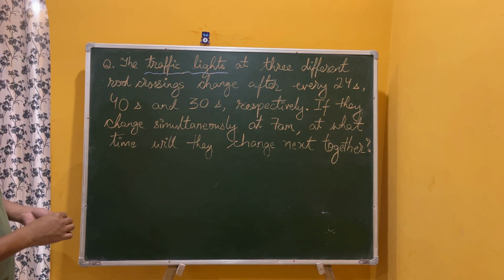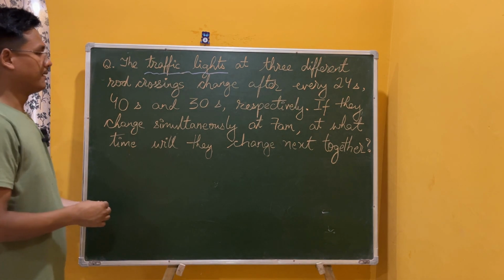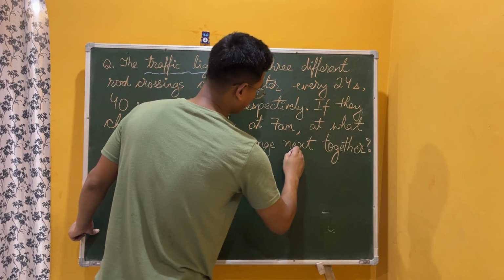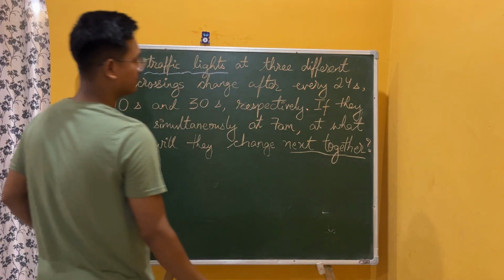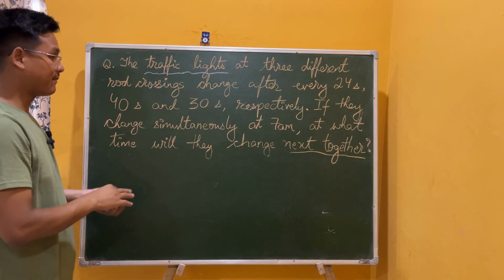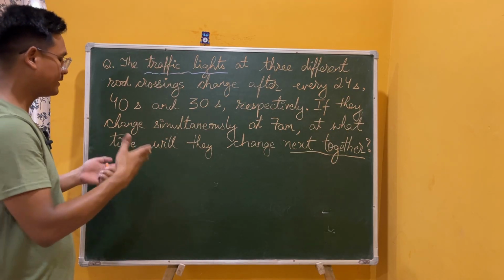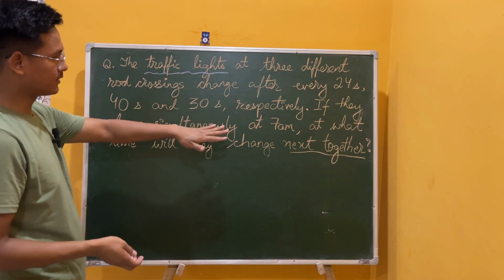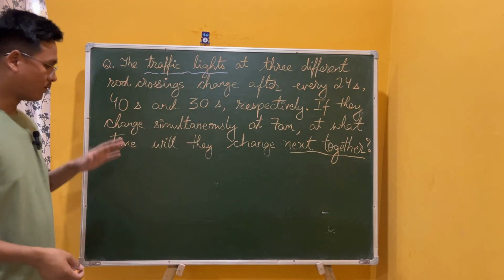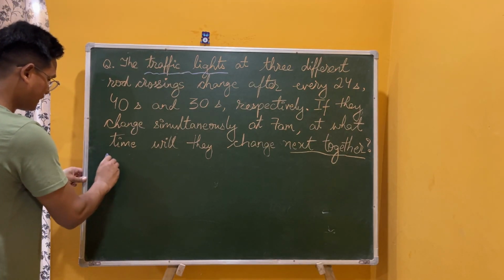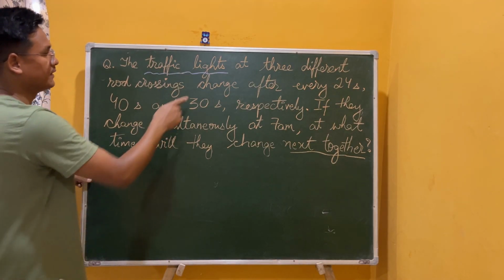You see here the words traffic lights, next together, and it's an event that will happen again, a repetitive case, a cycle. Considering the keywords, this is also a word problem from LCM. So what we need to do is find the LCM of the three numbers.